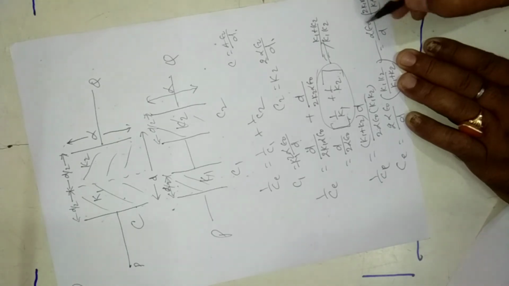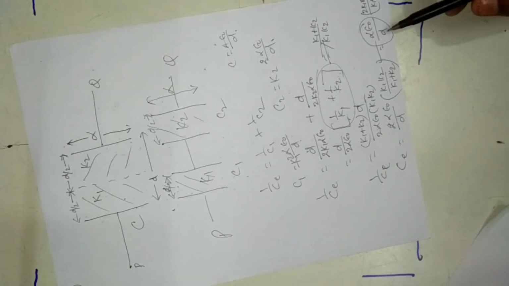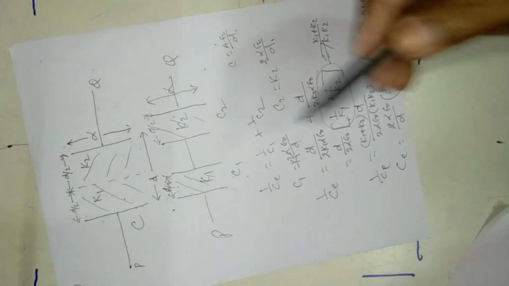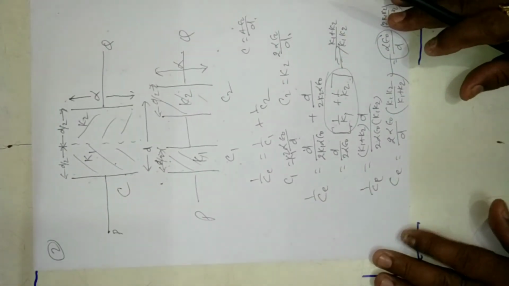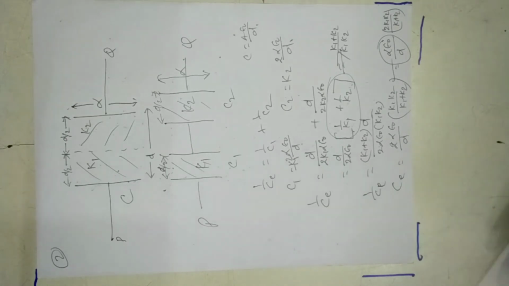This factor is added; alpha epsilon naught by D is the capacity of the capacitor if no dielectrics were inserted between the plates. So this is the method of how to solve when dielectrics are inserted between the plates of the capacitor. My dear student, I have explained two types, and similarly you can solve many problems of capacitors using this method. Thank you very much.